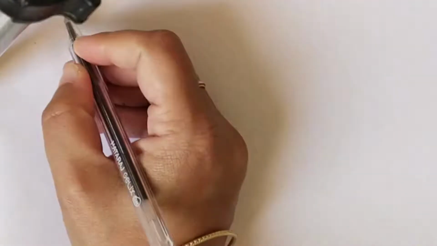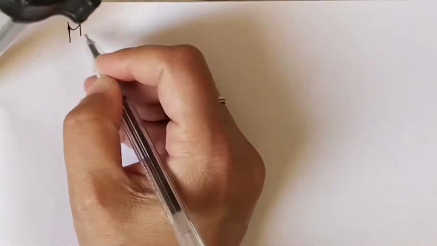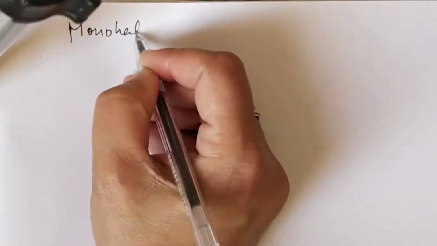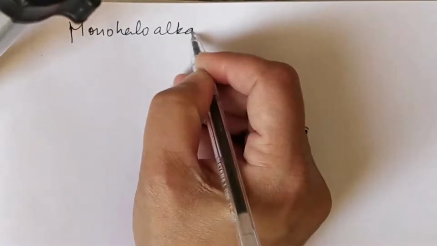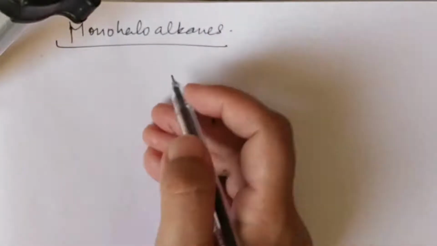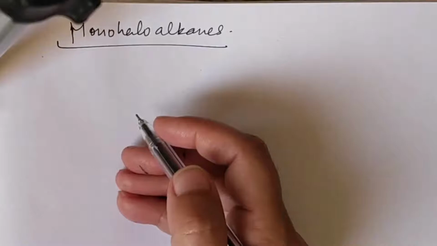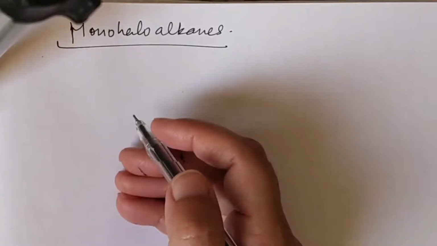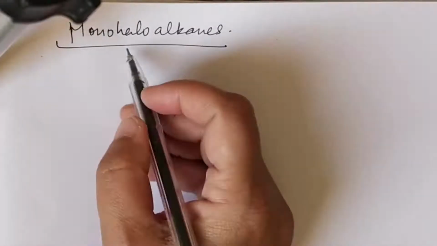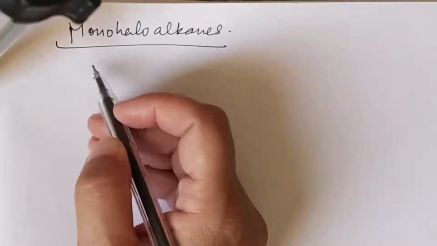First, we are taking monohaloalkanes. In monohaloalkanes, the members of the family, as the name suggests, are formed by replacing one hydrogen atom with a halogen atom.